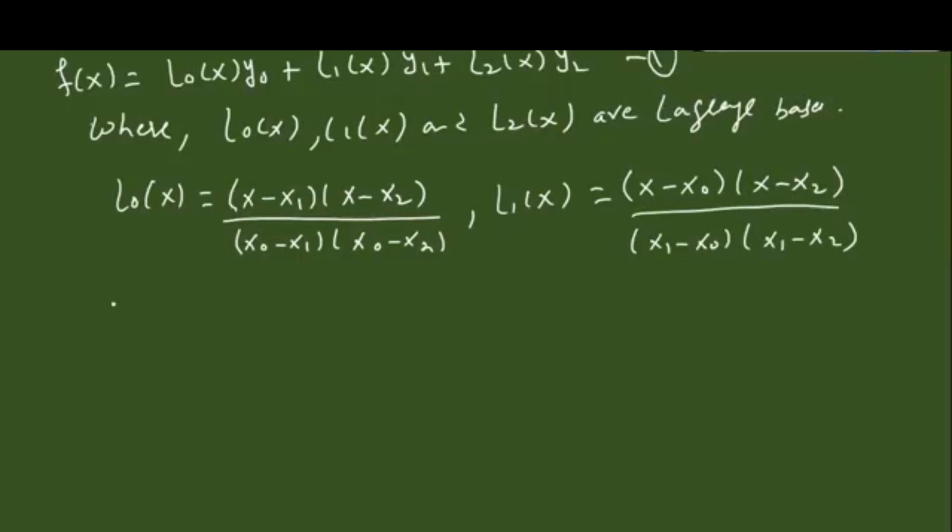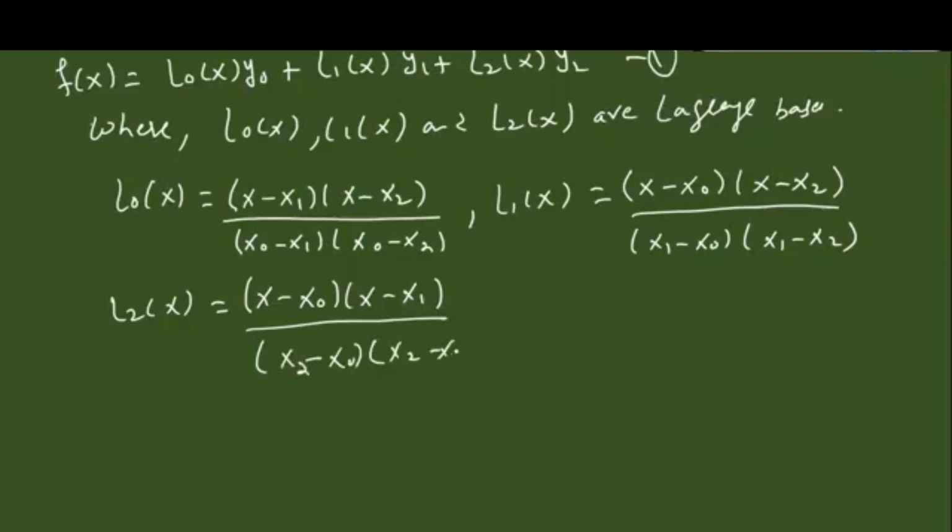Similarly L2(x): L2 is associated with x2, so there will be no x2 in the numerator. Whatever is left is divided by the terms where you subtract all the points from x2. Okay, so these are the bases. We have to fill in all the data, and then we are ready to interpolate the data.